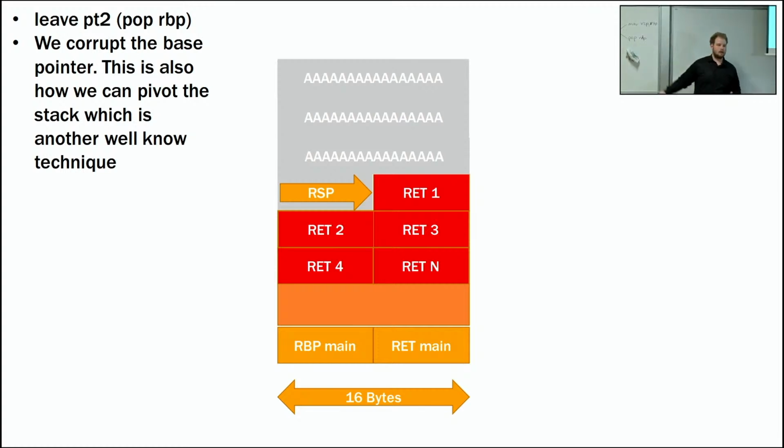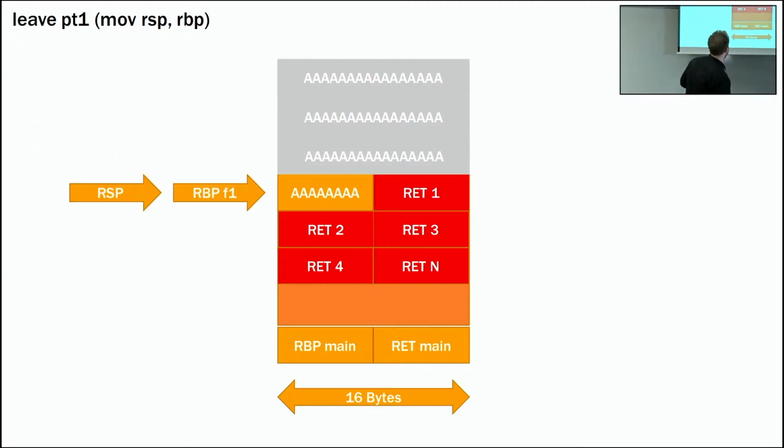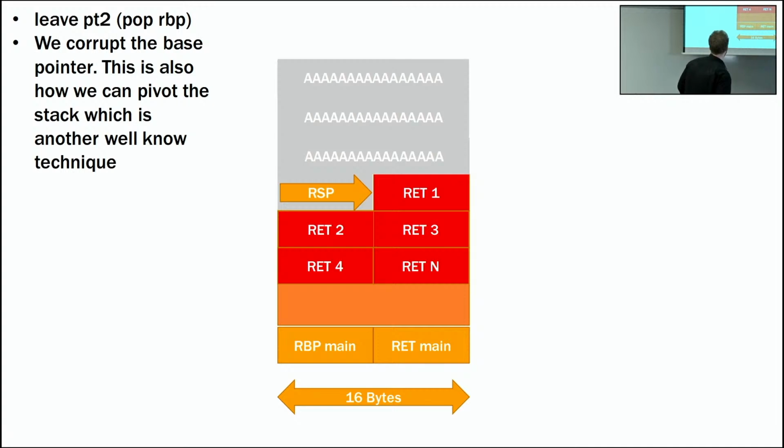We have overflown the stack and we've written A's on the previous base pointer. When the pop RBP instruction gets executed, A's get written into the base pointer and it doesn't point on the stack anymore. It points on address hex 41414141, which is A's, and that's not a valid address. So we basically corrupted the base pointer.